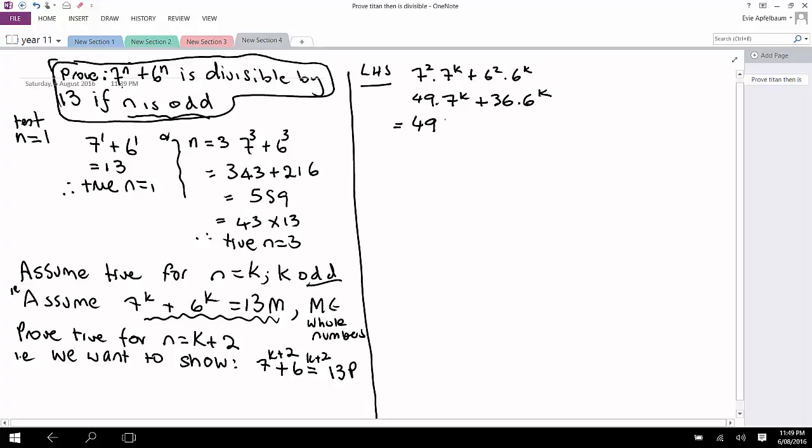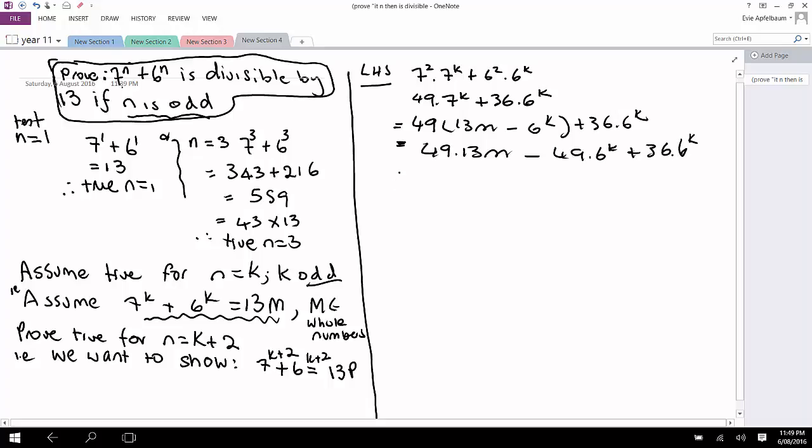That's 49 times 13m minus 6 to the k plus 36 times 6 to the k. We can already see this is going to come out very nicely. Equals 49 times 13m minus 49 times 6 to the k plus 36 times 6 to the k.